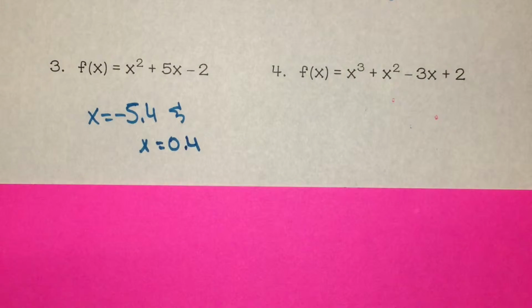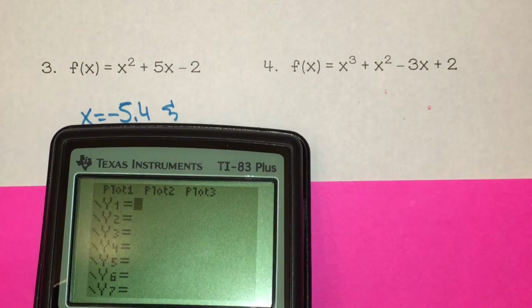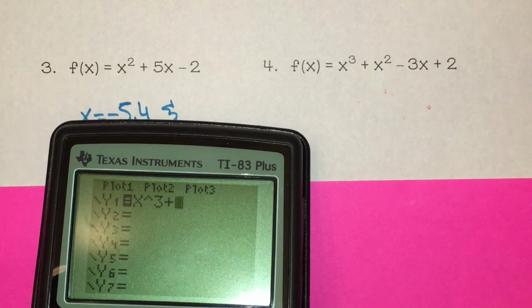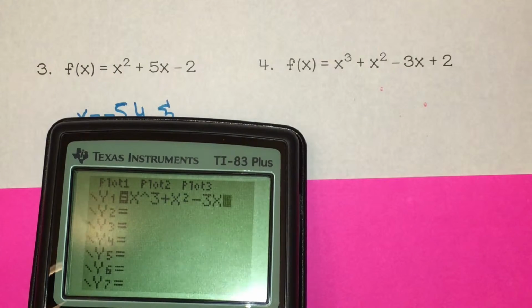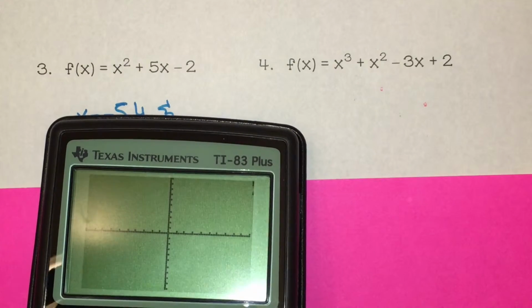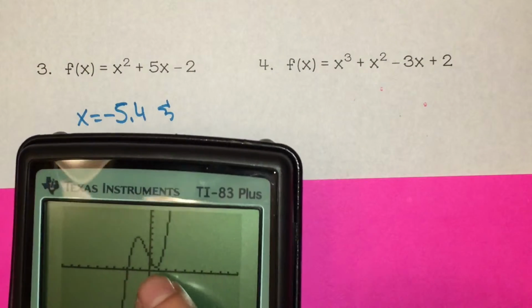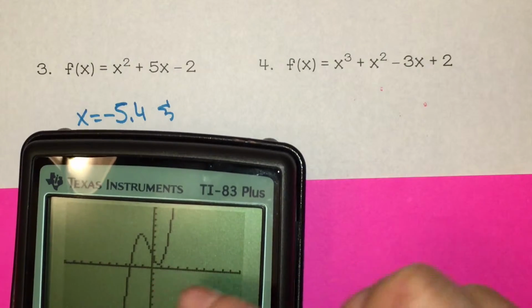So then that third one, type in x to the power of 3 plus x squared minus 3x plus 2. Graph it. All right, this one looks like it just goes through once because that one doesn't quite get back down and touch the x-axis.